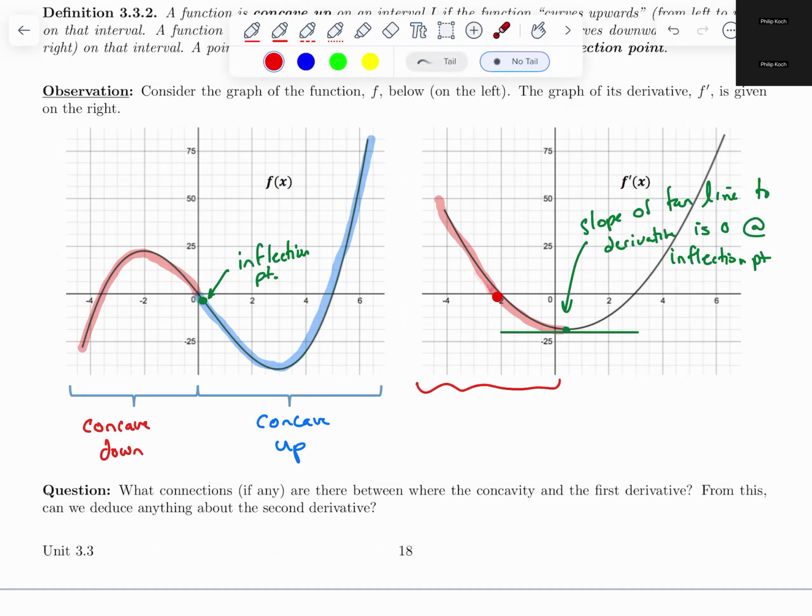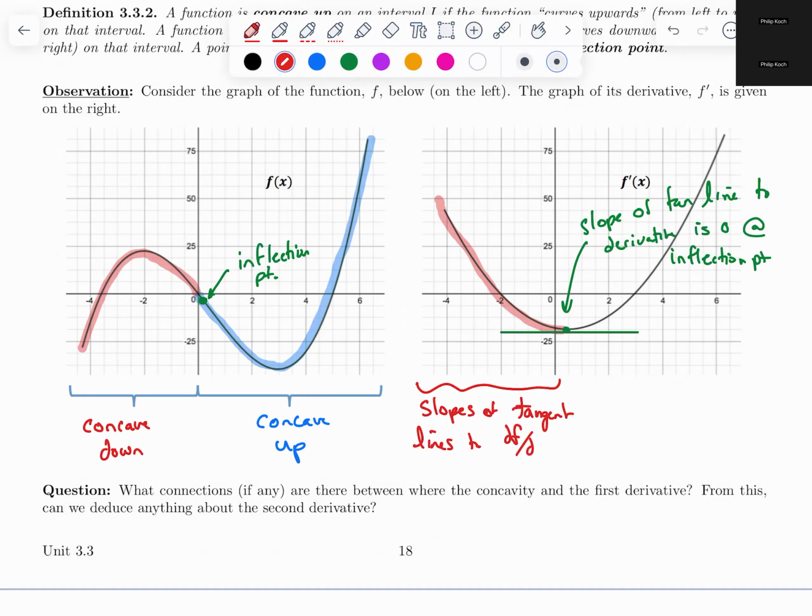So the tangent line slopes for f prime's function are coming from the second derivative. So what I'm saying here is that the slopes of tangent lines to df dx are negative.